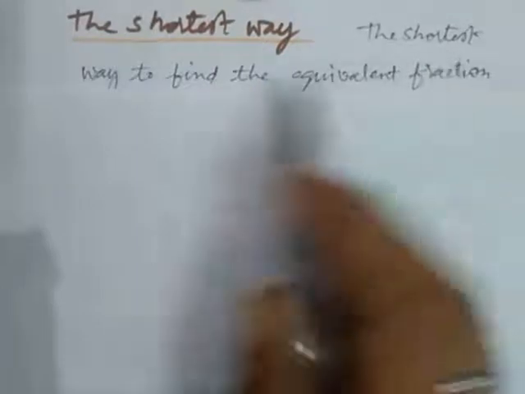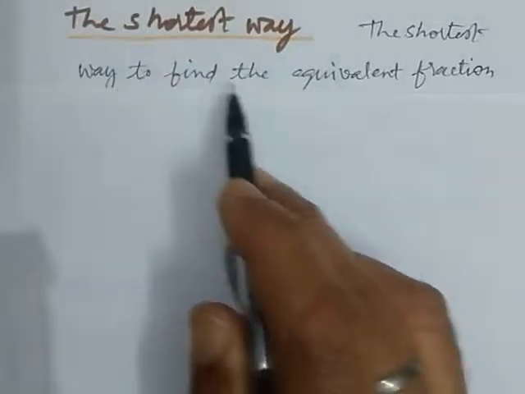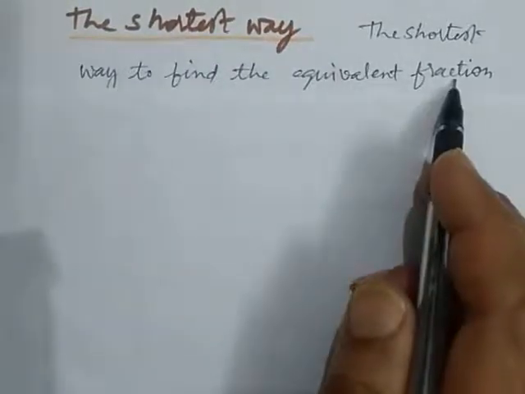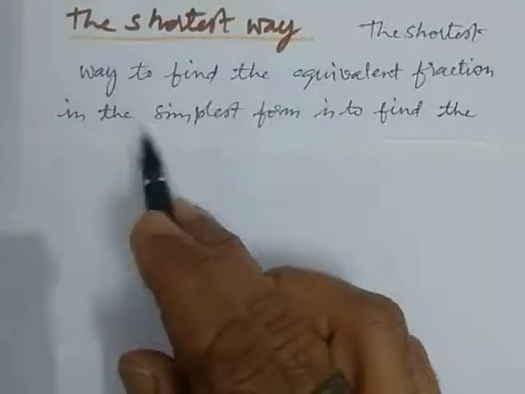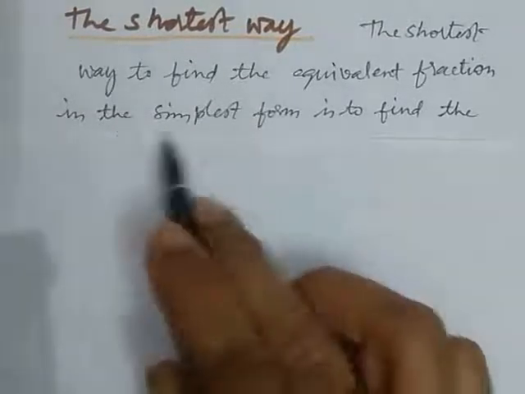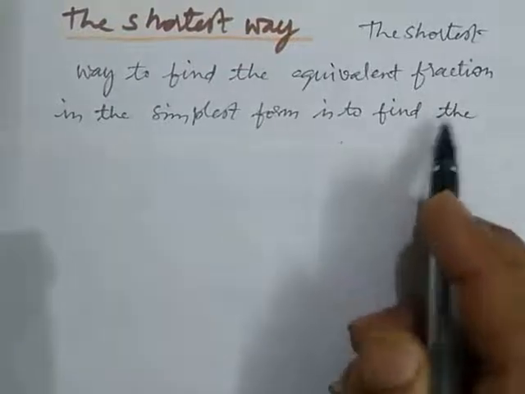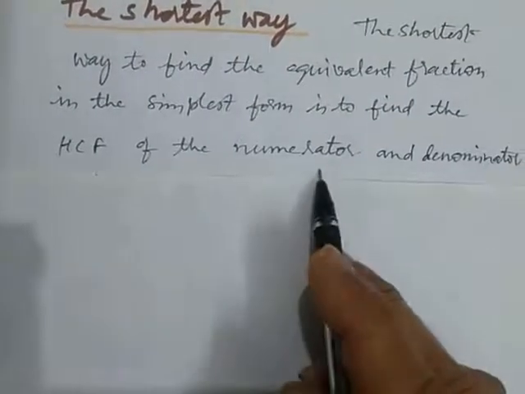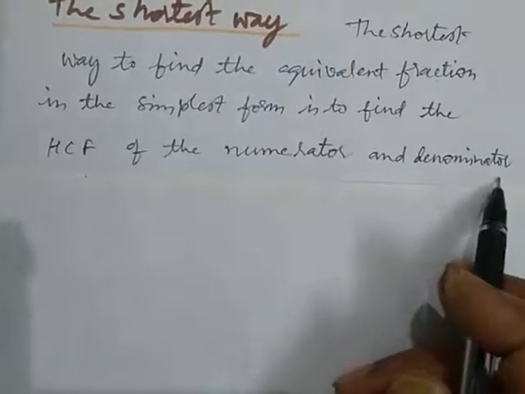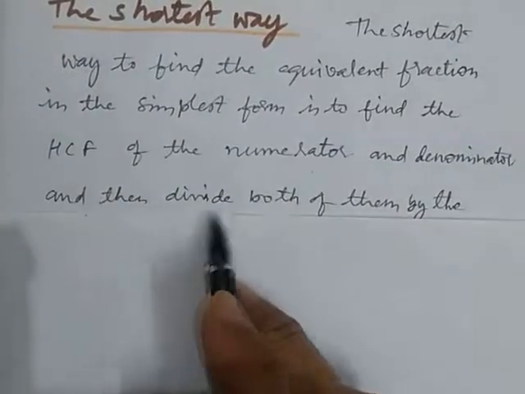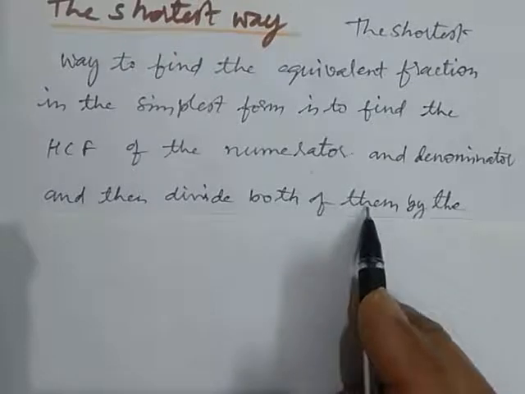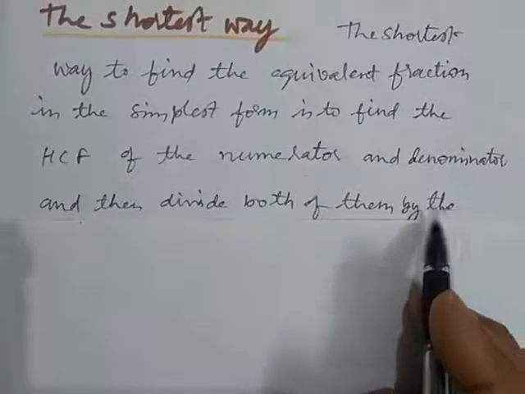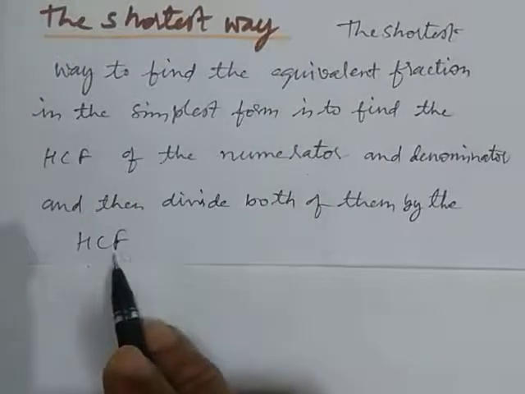The shortest way to find the equivalent fraction in the simplest form is to find the HCF of the numerator and denominator, and then divide both of them by the HCF.